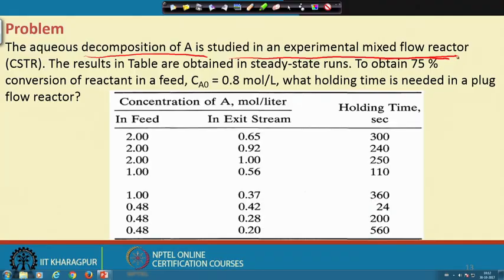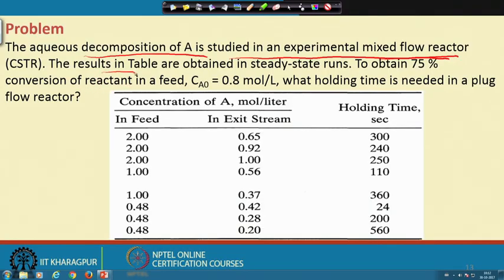So basically all are CSTR. Different names are used for the CSTR: mixed flow reactor or chemostat in the biological process, and in the chemical process mostly we use either CSTR or mixed flow reactor. So, this is the mixed flow reactor, and we mention that it is CSTR.